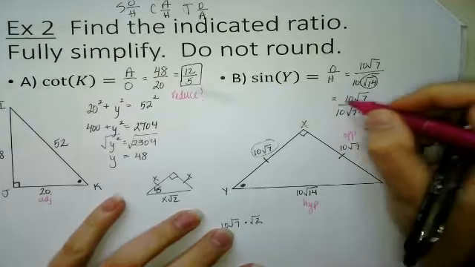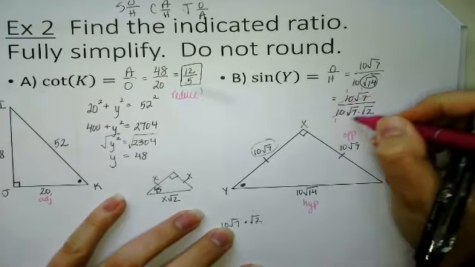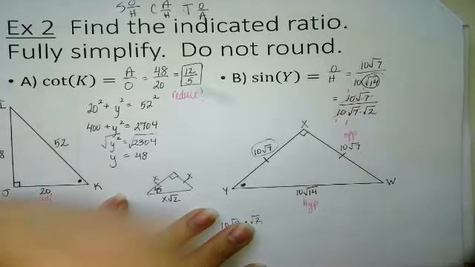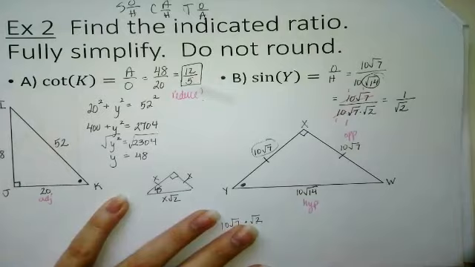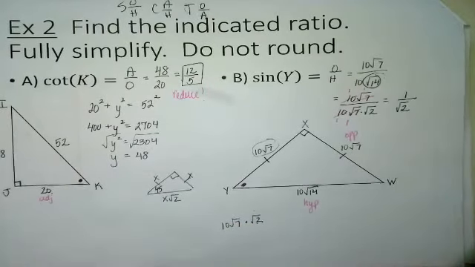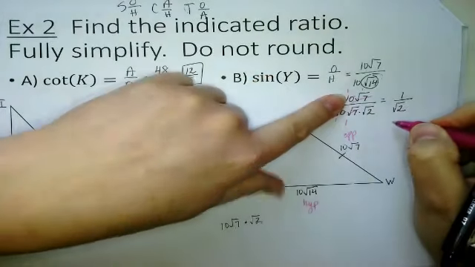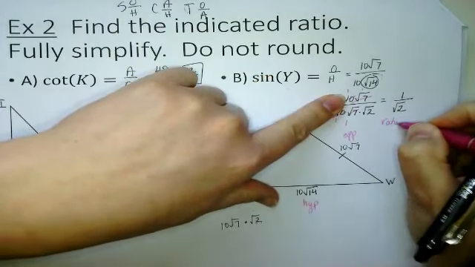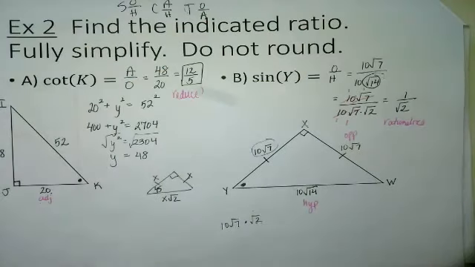Well, 10 divides by 10, that goes in one time, and radical 7 over radical 7 also reduces to 1. So I'm left with 1 over radical 2. Again, this is not an okay answer. IXL will not take this. You must rationalize. So reduce first for sure, if you can. So that's a handy little trick there.